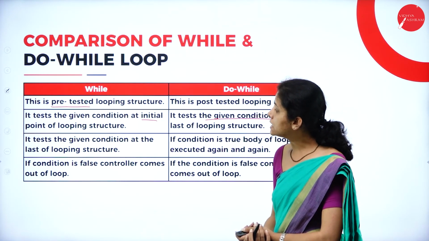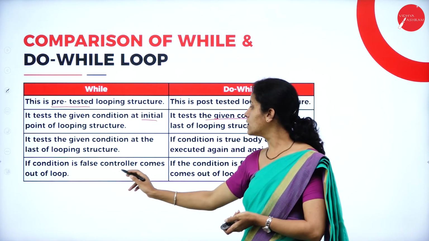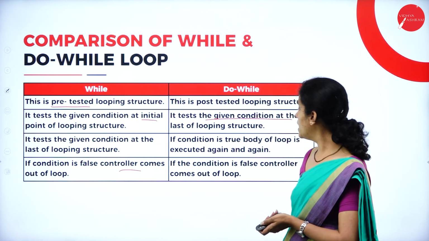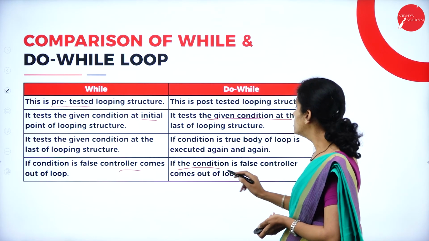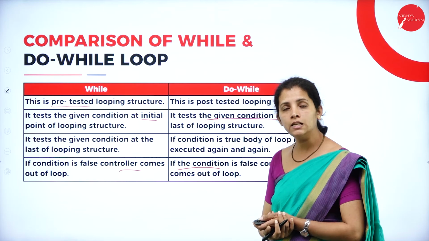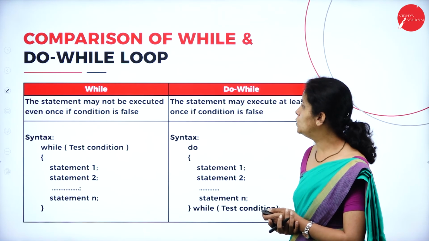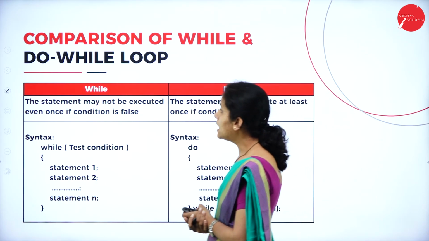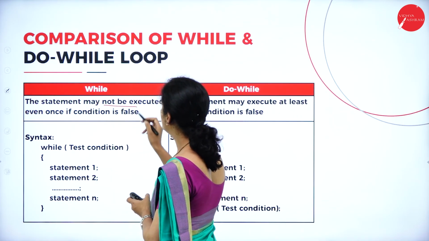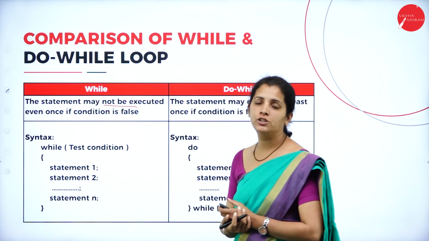Now, if the test condition is false, control comes out of the loop, and the statement may not be executed even once if the condition has failed.